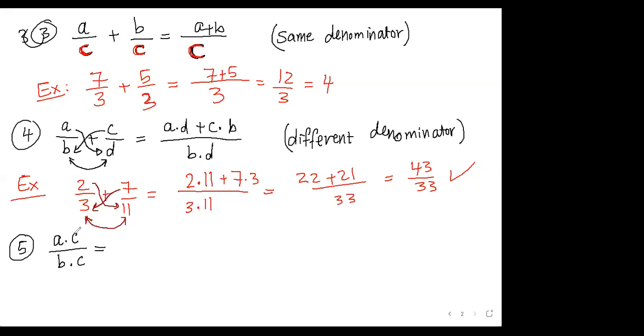Look, I have C in the denominator of this fraction, and I have C in the numerator, and I have the same C in the denominator. So I can cancel the C by the C because it's the common factor. So what do they give me? A over B.